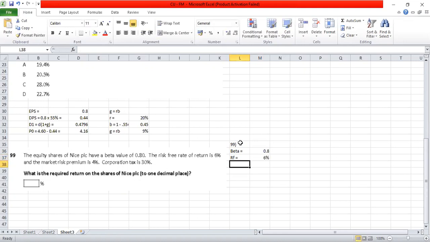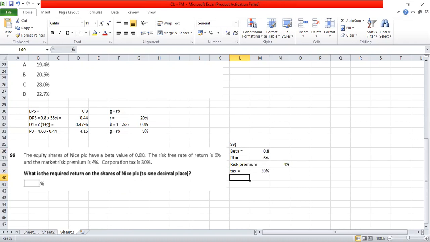The market risk premium is given as 4%. Then corporate tax rate is given as 30%. What is the required return on shares of NICE PLC?